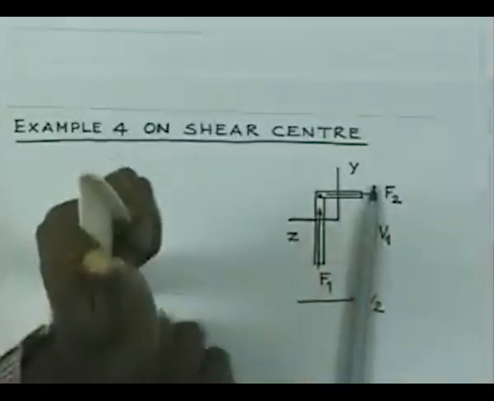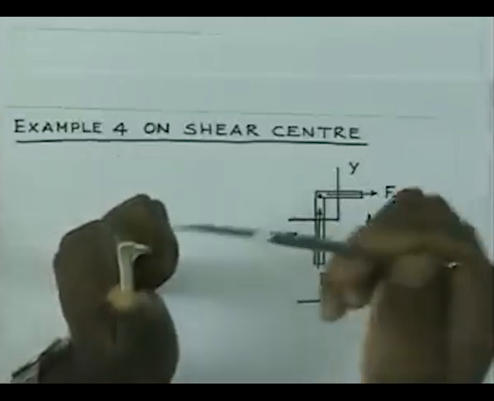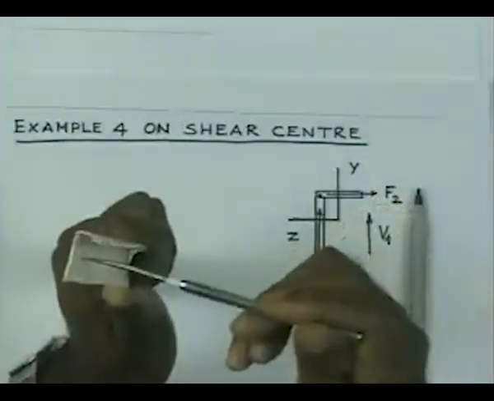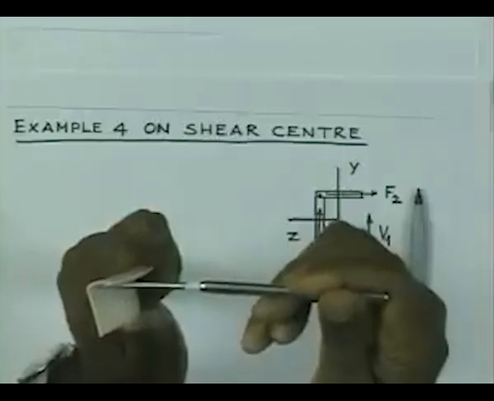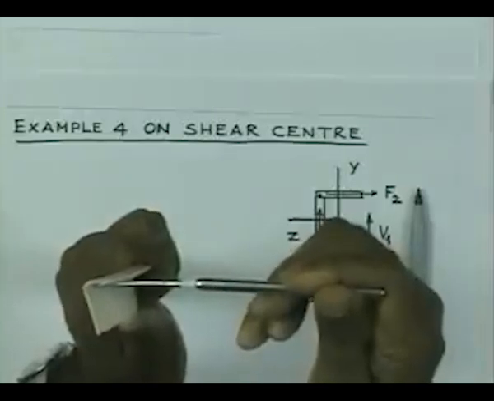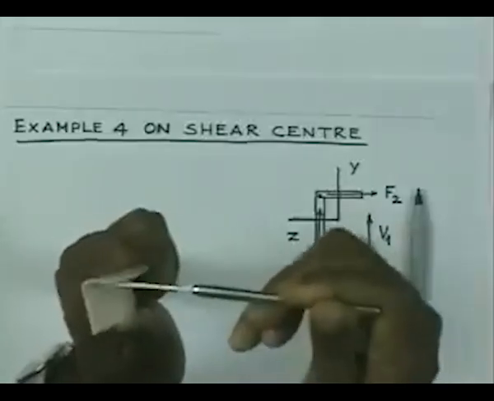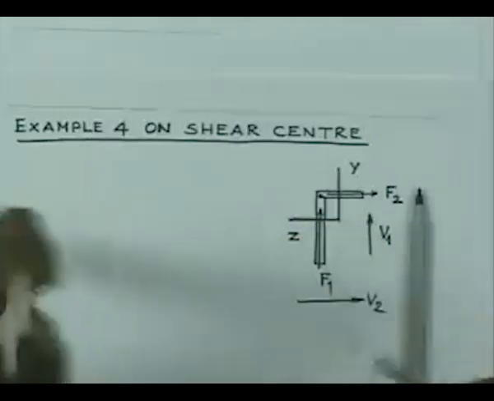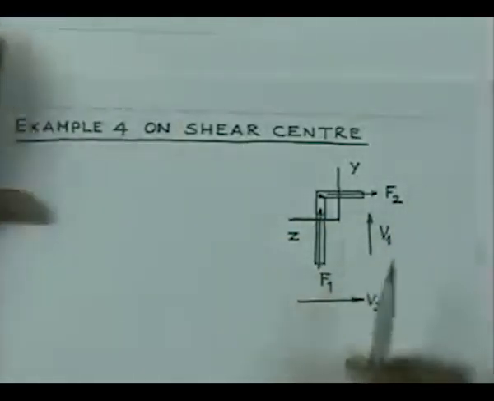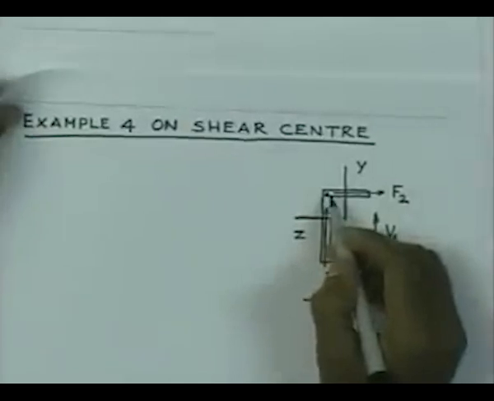Now, let us look at this. I am applying force parallel to this, you see it gets twisted, but if I apply the force close to that intersection point, it does not get twisted. So, therefore, for such L sections you will always find that the intersection point is the shear center.